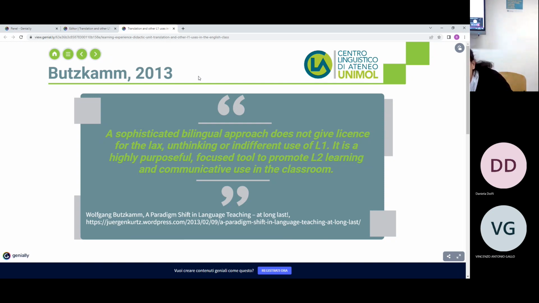It's a highly purposeful focused tool to promote L2 learning. So, l'uso dell'L1 o della madrelingua deve essere qualcosa di programmato e di utilizzato ai fini dell'apprendimento, non per evitare di fare brutte figure. E qui si parla sia degli studenti che degli insegnanti, perché è la stessa cosa. Ok.